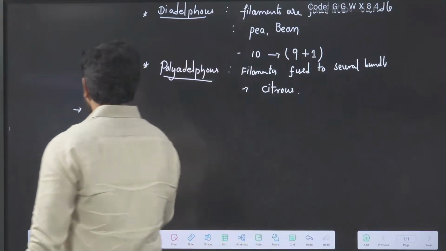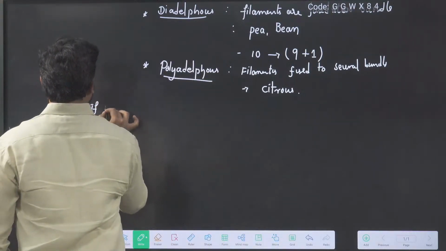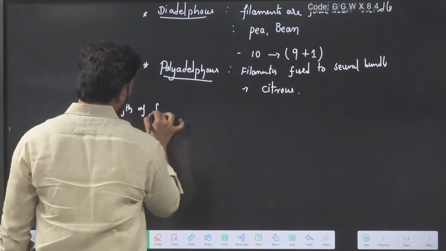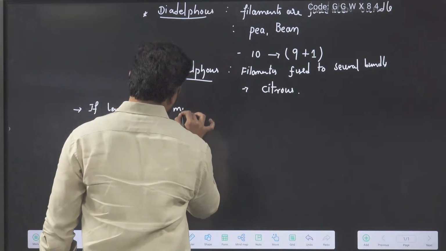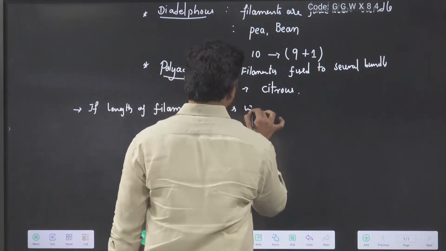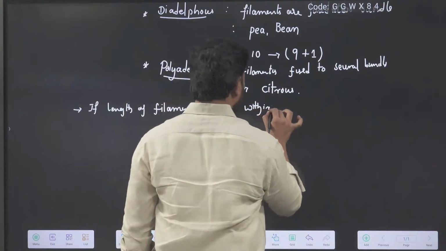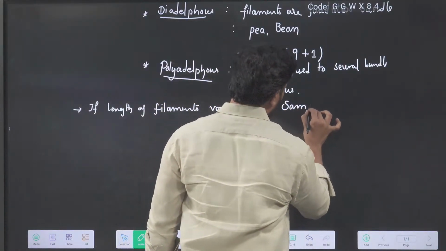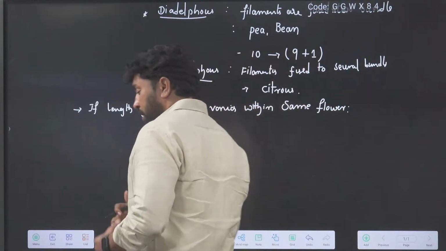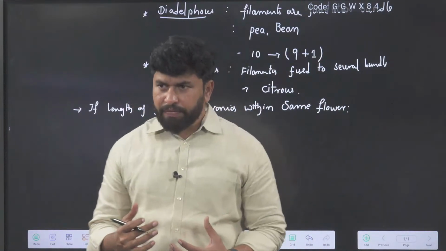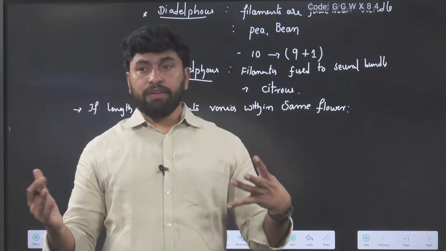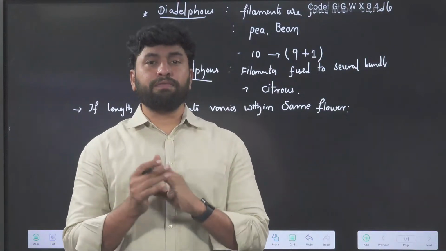So, if the length of filaments varies within the same flower, be careful. Remember, within the same family, in between two different flowers, there will be a chance for variation of their filament length.